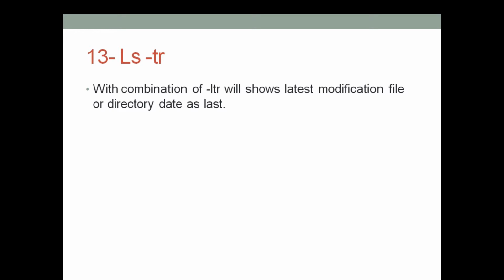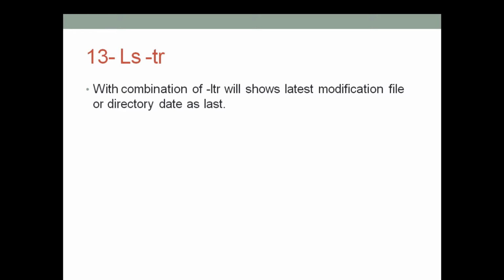So with the combination of both options, -t and -r, it shows the latest modified file or directory last, because the r option shows the reverse order. So basically with this command our latest modified file or directory shows last.